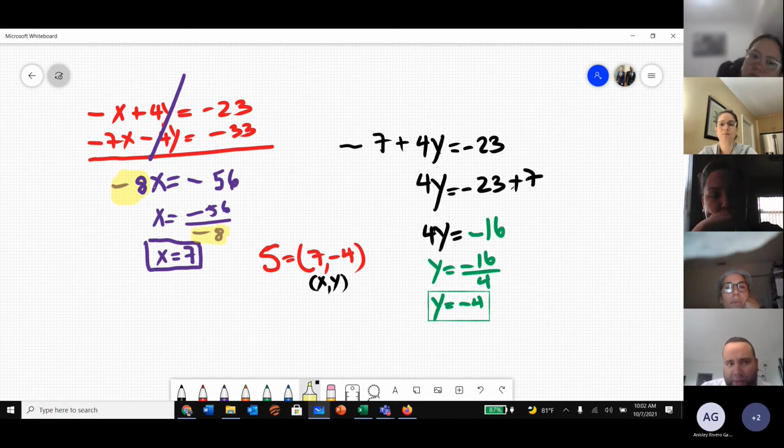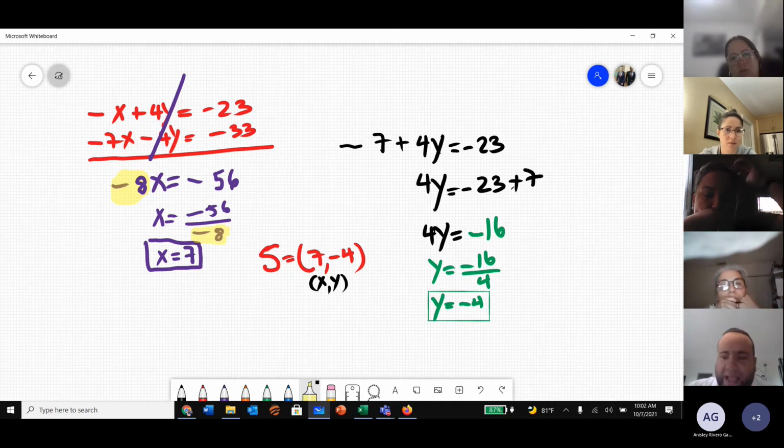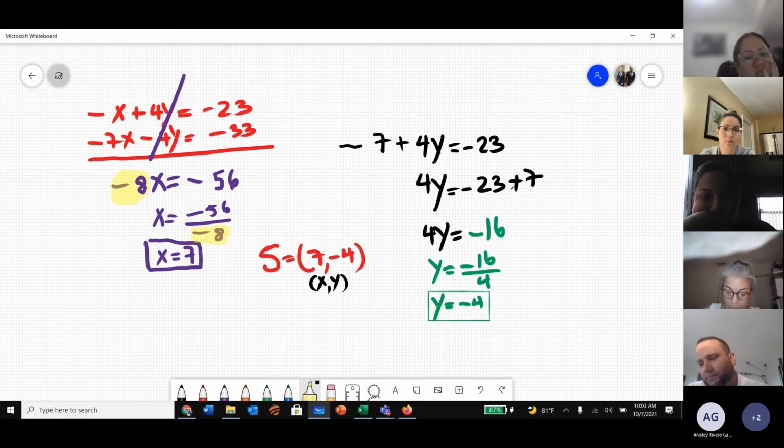That is multiplying and then goes divided, but it keeps its own sign. When they change is when they are adding or subtracting. Okay, Claudette?